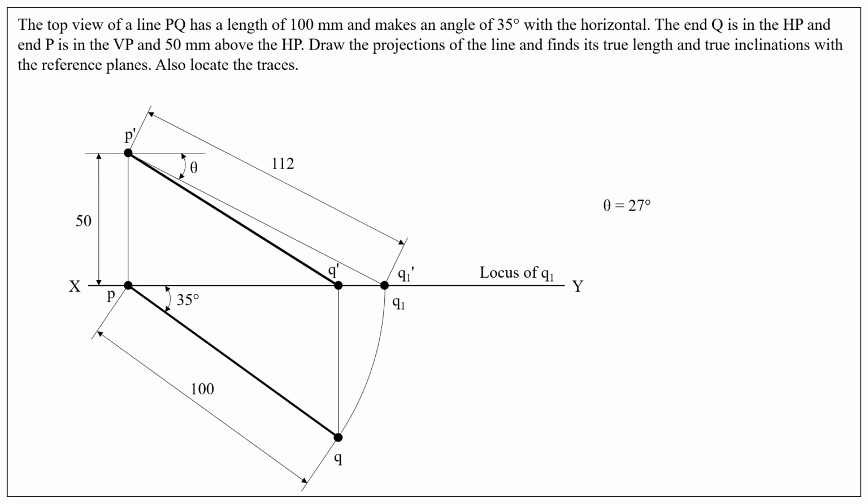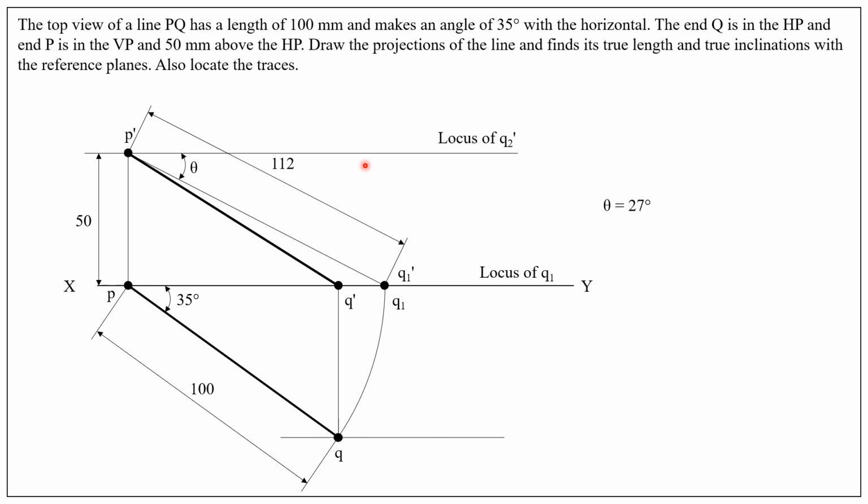Similarly, we need to obtain the other true angle of inclination phi, that is the inclination of the line with the vertical plane. We are going to use the same technique to find phi also. For that, extend the horizontal through P dash, and that is our locus of Q2 dash.